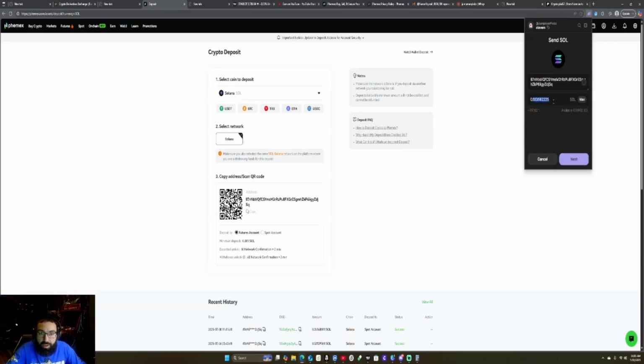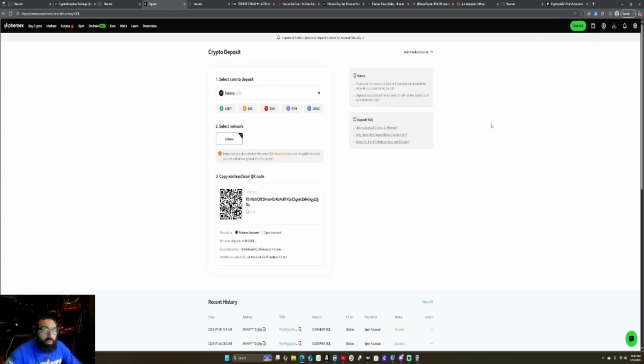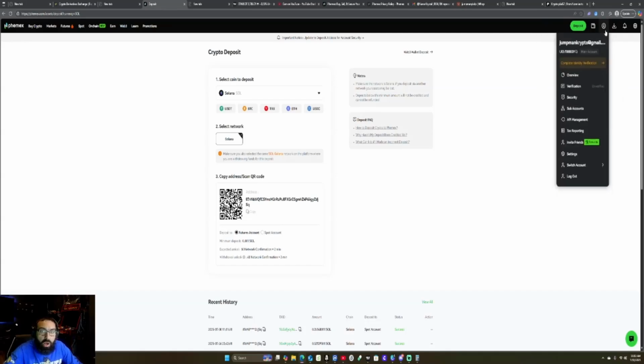You don't want to send too much cash, because if you mess up or make a mistake, you'll end up losing that money. So we're going to send just $3, and then send it over. Then it sends, and we're just going to wait to confirm it in there. Once it gets in there, you'll get an email and all that kind of stuff.